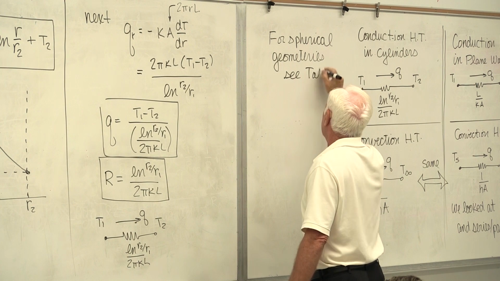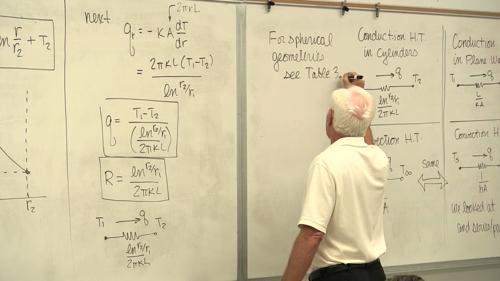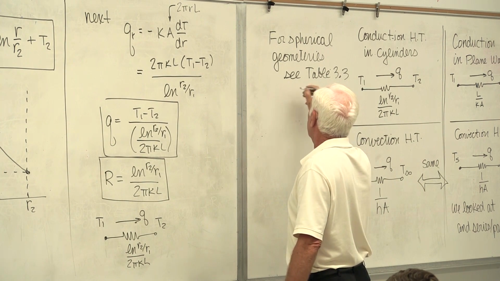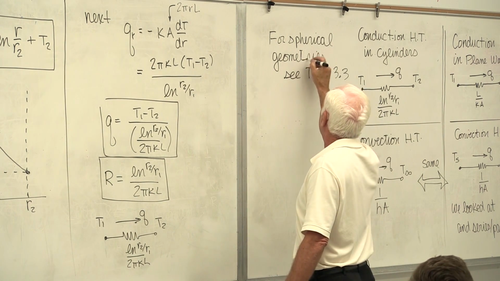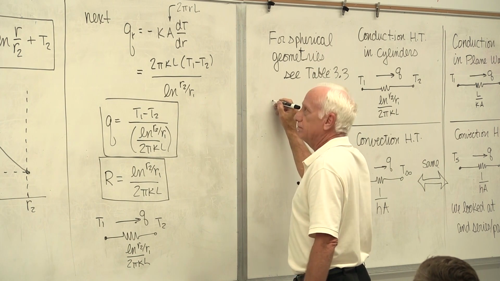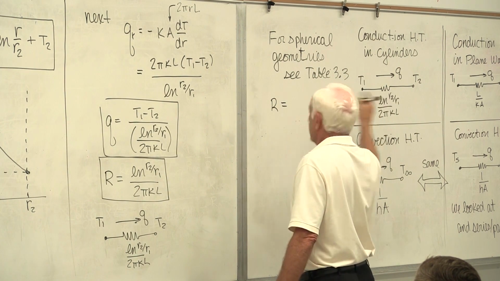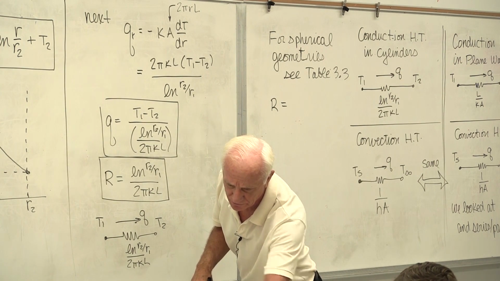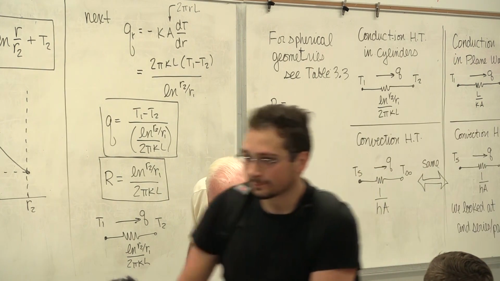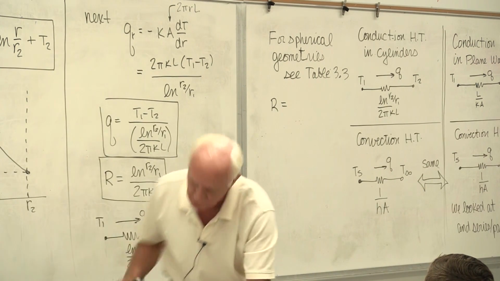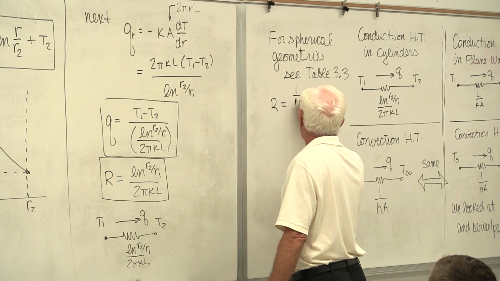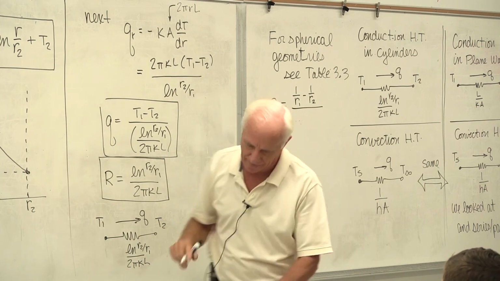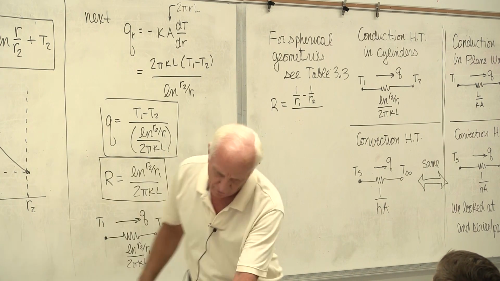See table 3.3. They give all the R's in there for plane walls, cylinders, and spherical walls. 1 over R inside minus 1 over R outside, divided by 4 pi k.